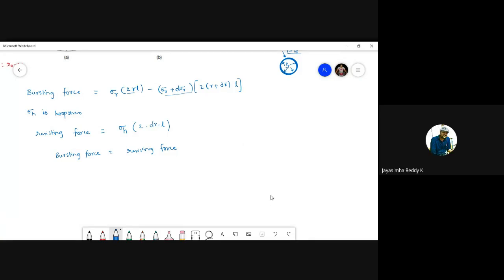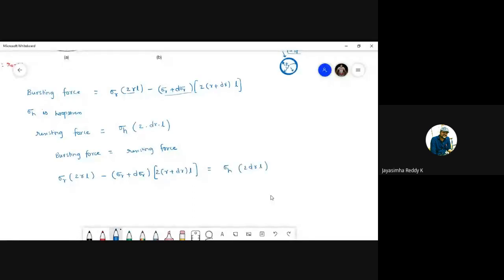So if you equate this, bursting force equals resisting force: sigma R plus d sigma R multiplied by 2 into (R plus dr) into L, minus sigma R into 2RL, is equal to sigma H into 2 dr L.